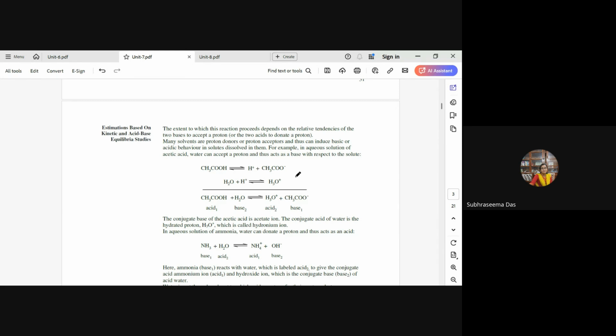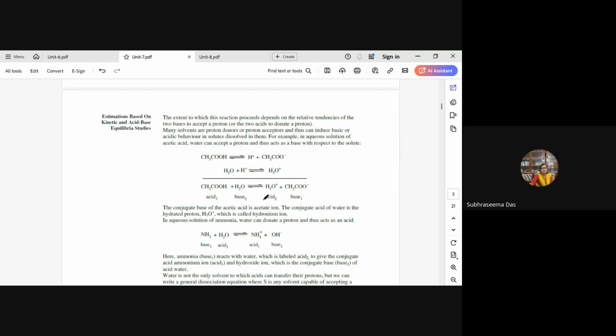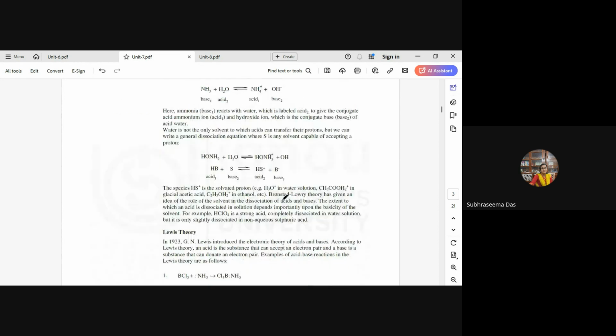That is, acetic acid plus water gives H3O plus and acetate ion. The conjugate base of acetic acid is the acetate ion, and the conjugate acid of water is the hydronium ion. This is how we identify a conjugate acid base pair.